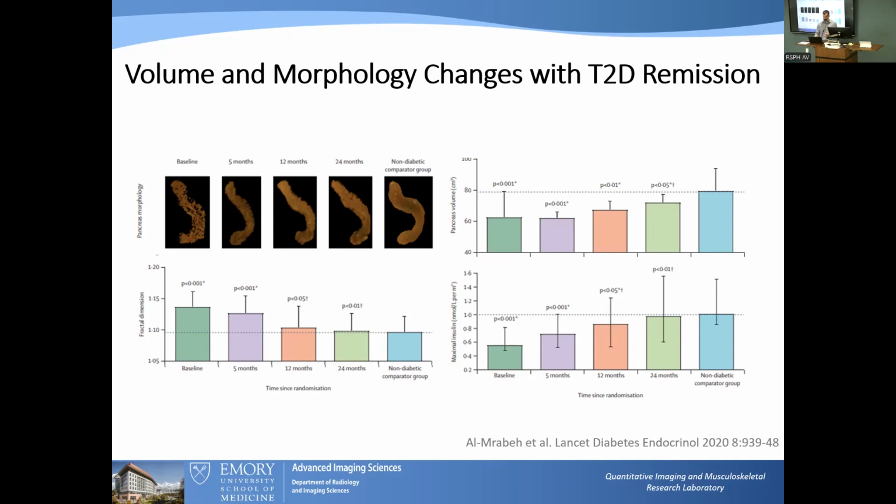So again, very good marker, something that you can always obtain when you're doing an MRI, but it doesn't always have specificity to disease.